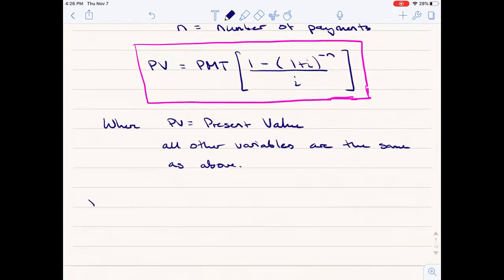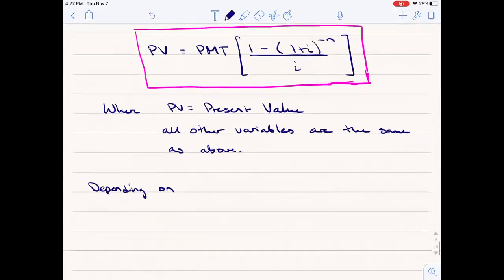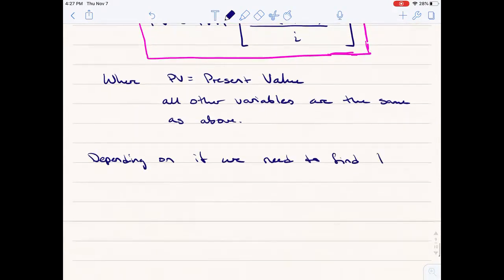So I'll make a note here that depending on if we want to find the future value or the present value, we'll need to pick the appropriate formula. So depending on if we need to find the FV or PV, we will need to pick the appropriate formula.